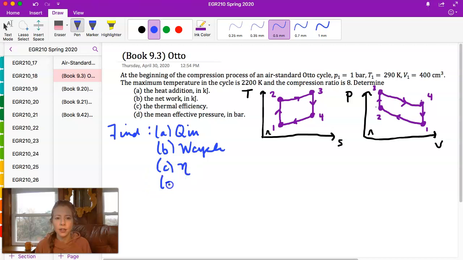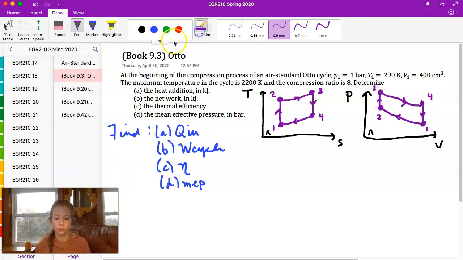And we want to find the mean effective pressure, which is the ratio between W cycle and the amount of volume displaced. So the volume change in process 1 to 2, in our first compression process.